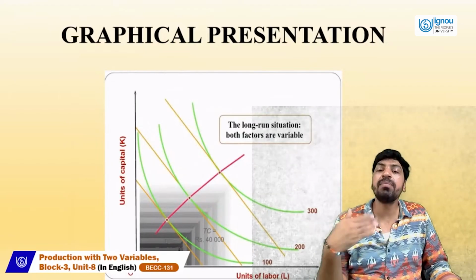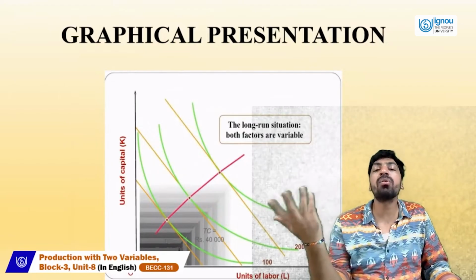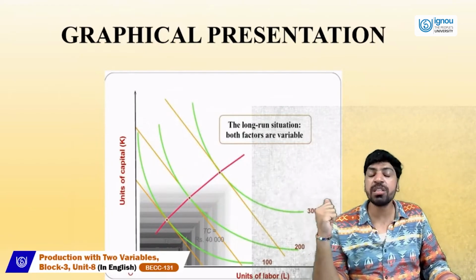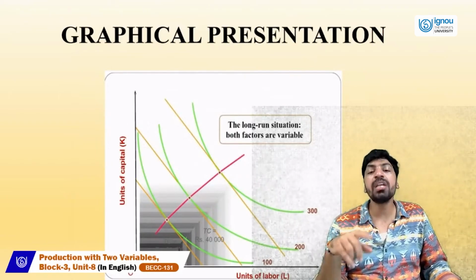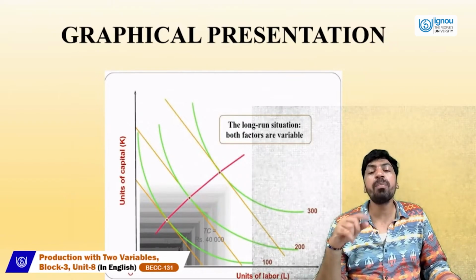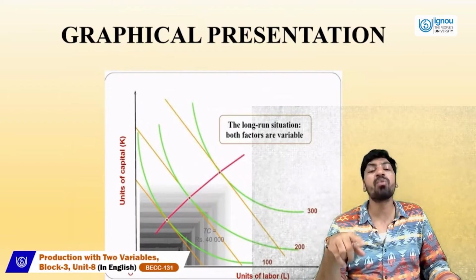So it's very similar, and this line is also called the expansion path, which refers to a locus of combination points of all the isoquants.